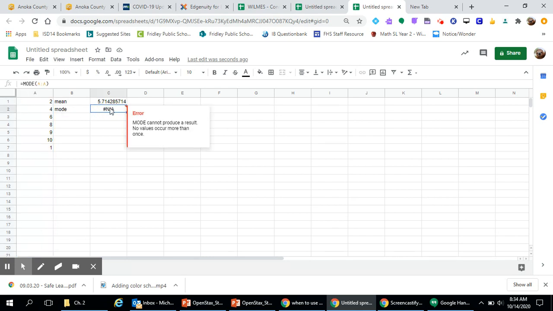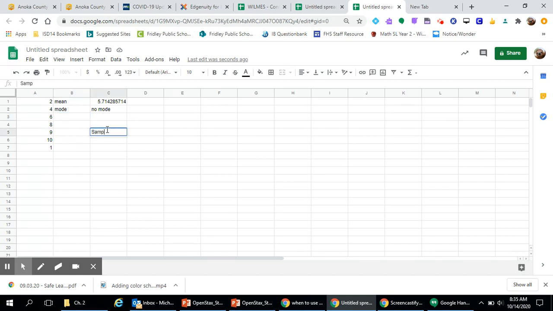Oh, why is that not wanting to work for me? Equals, oh, there is no mode. We would just say no mode because no number occurs most often. But we're not worried about that. We're worried about standard deviations.